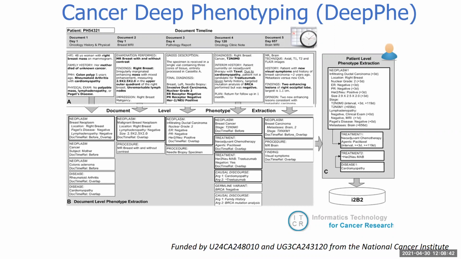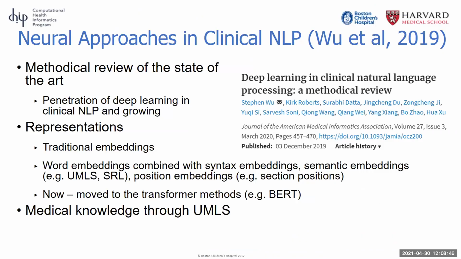So how do we go about solving these NLP tasks? Before I touch upon our solutions for that level of information extraction, I'd like to give you a very broad brush summary of the state of the art in the field of clinical NLP.